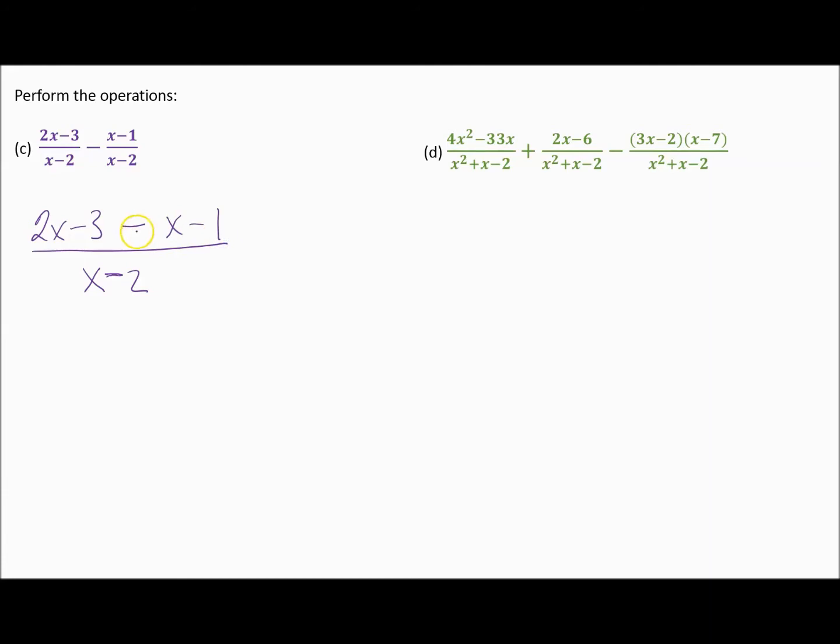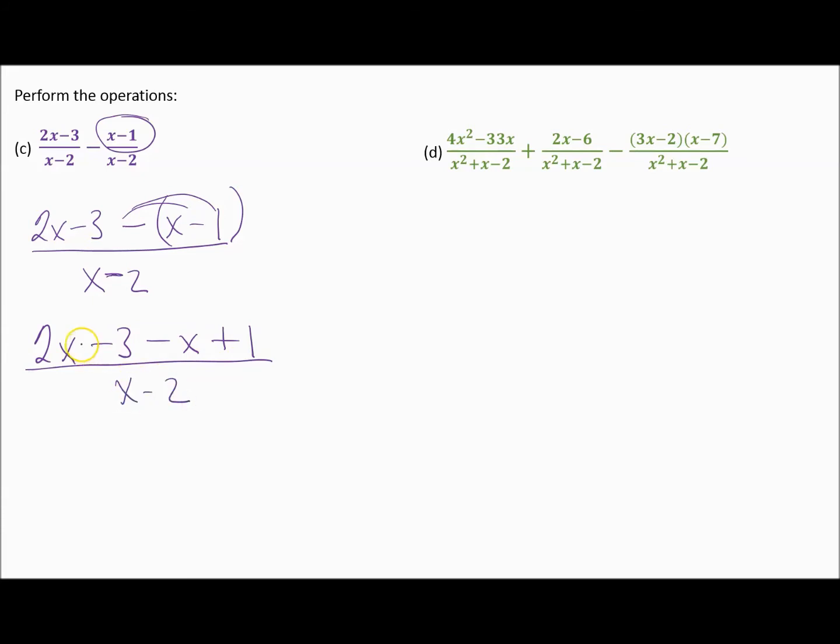I'm minusing this entire x minus 1, so I must put parentheses. Please don't forget about those parentheses. This subtraction has to distribute inside, and that's going to be my next step. So I have 2x minus 3 minus x plus 1, multiplying that negative inside the parentheses, over x minus 2.